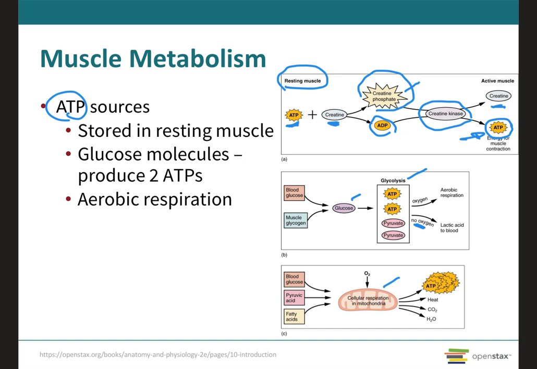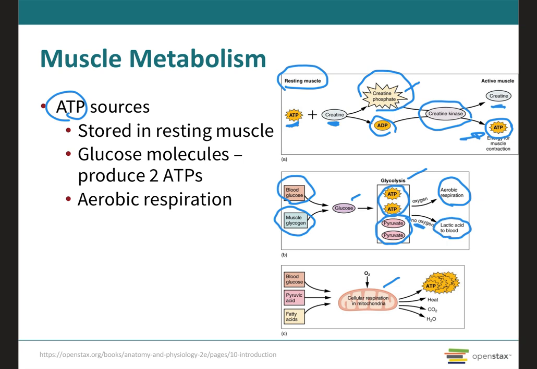And the sugar that's used in glycolysis can be provided by either blood glucose or by metabolizing glycogen that is stored in the muscle. And this breakdown of one glucose molecule will produce 2 ATPs and 2 molecules of pyruvic acid, as we see over here, which can be used in either aerobic respiration or when oxygen levels are low, it will be converted into lactic acid.